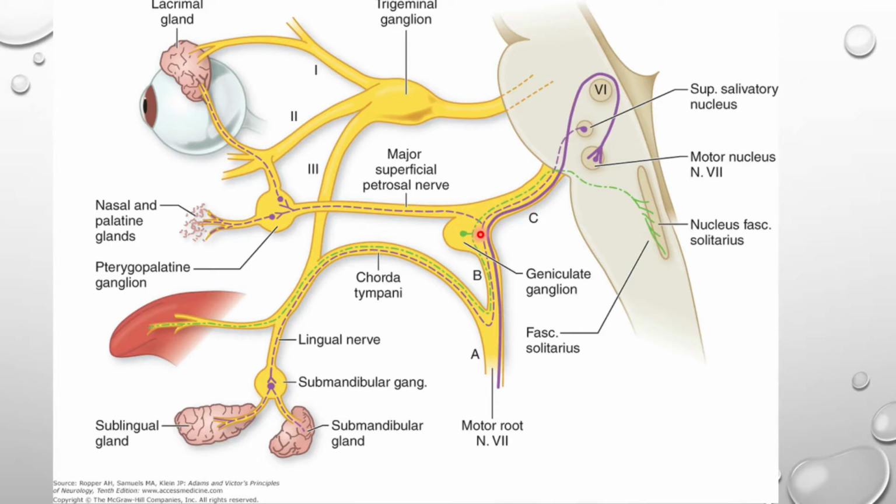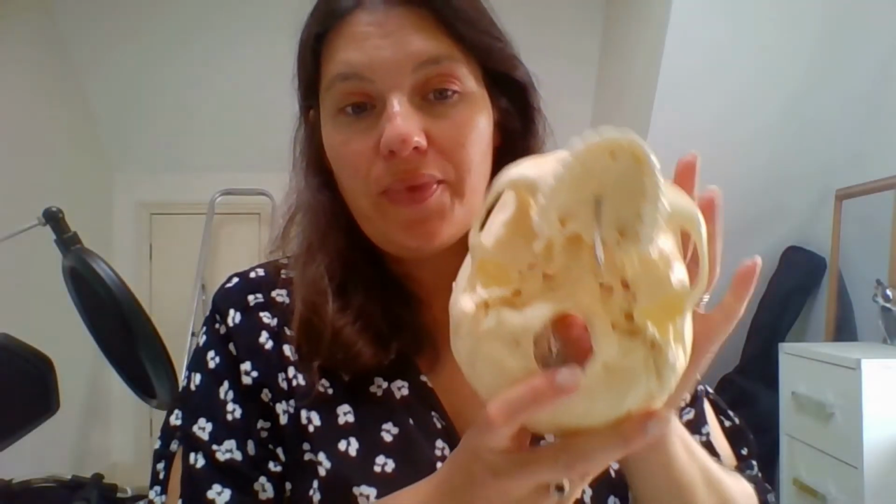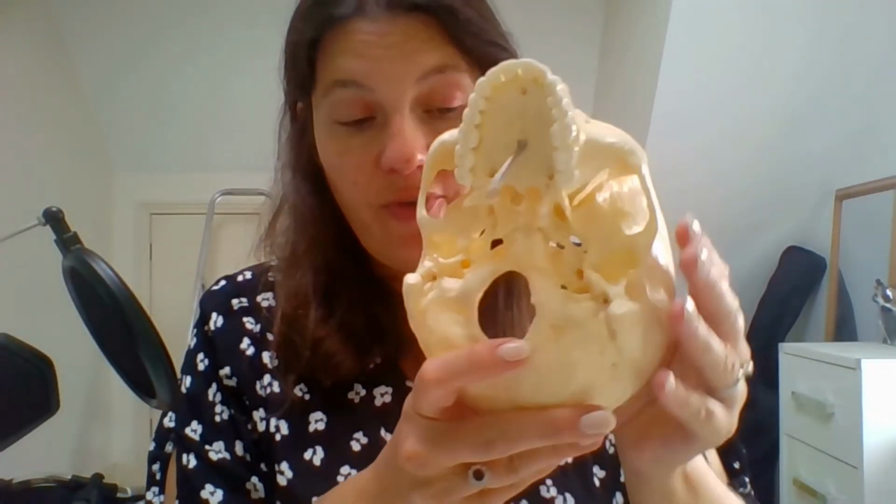It actually is going to run through parts of the ear, and it is then going to descend through a little hole in the base of the skull in order to get out of the cranial cavity and onto the external surface of the face. So I can actually show you that foramen now.